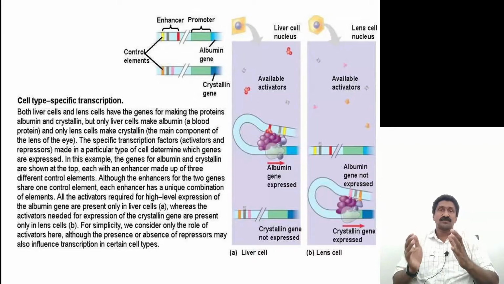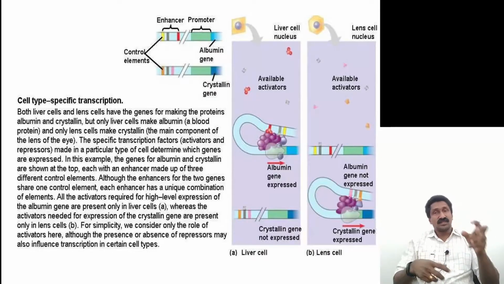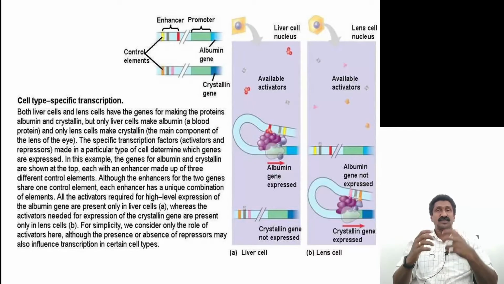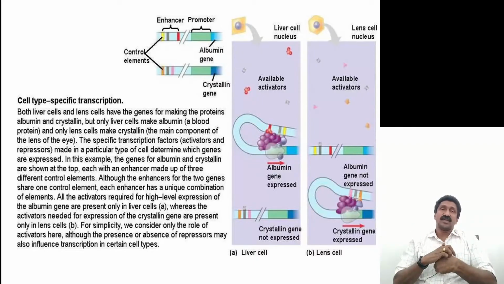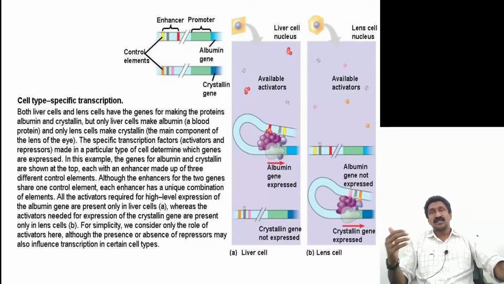These are all cell-specific expression based on their specific control elements, with which the cell-specific transcription factors, the activators or repressors, interact, resulting in control of gene expression in the specific type of cell. So this is cell-specific transcription, or cell-specific expression of genes.